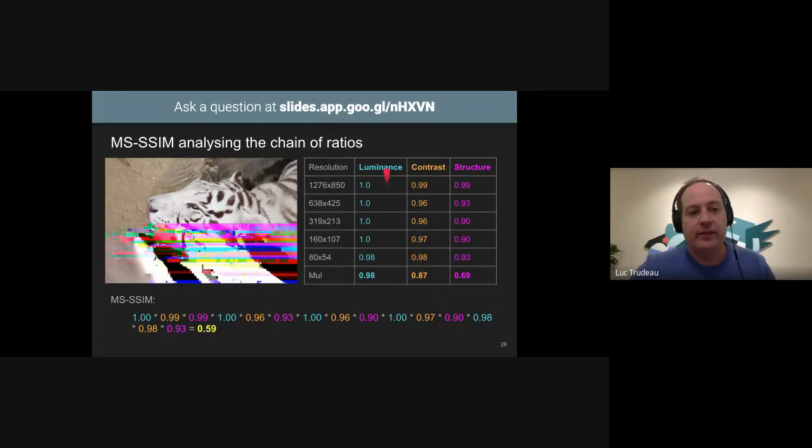Here I've separated all the values by luminance, contrast, and structure. And we see that this actually is called MS-SSIM. SSIM itself is usually resolution dependent. When we want something that's resolution independent, you'll use MS-SSIM. Now, this might be a bit confusing because usually when people talk about SSIM, they usually mean MS-SSIM. But they are two different things.